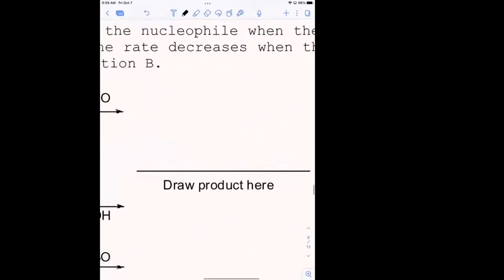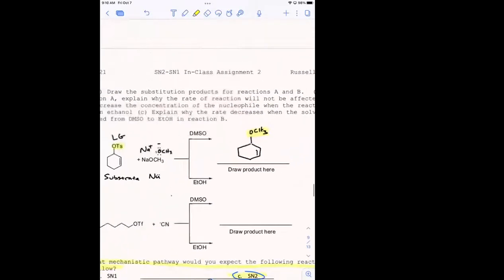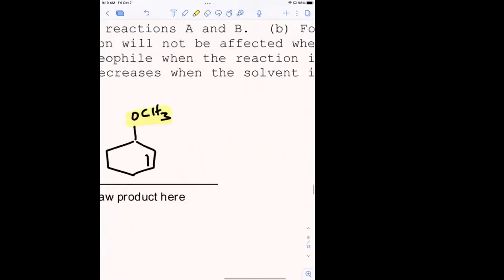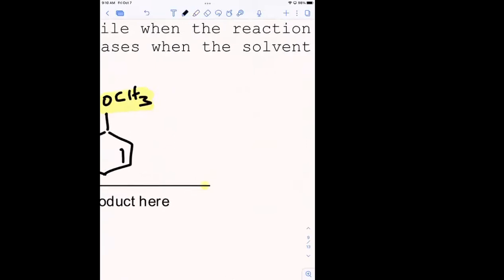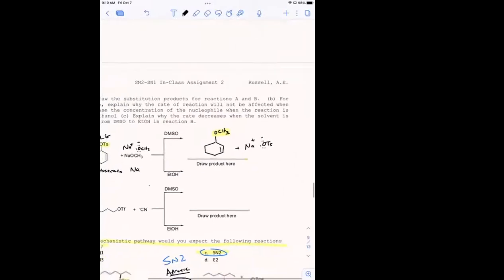So in a substitution, your incoming nucleophile substitutes for the leaving group. That's the basic definition of substitution. Your leaving group gets replaced by a nucleophile. And then you're left with this, but we don't really care about this because it's trash. It goes in the waste. Na+ and OTs minus.